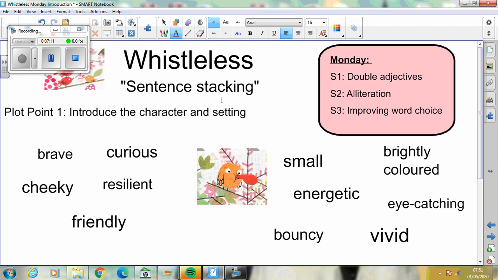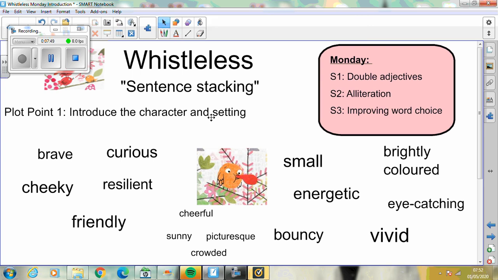Now I'm also going to be introducing the setting. So I do need to think about the place where the story is set. So I'm imagining that it's a sunny, picturesque, cheerful, I think it's quite a crowded town where he lives.